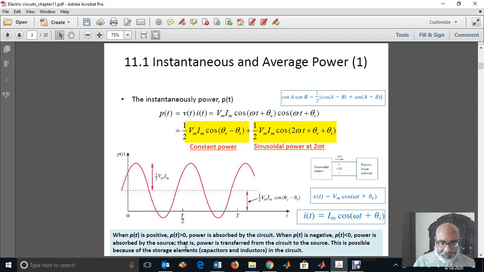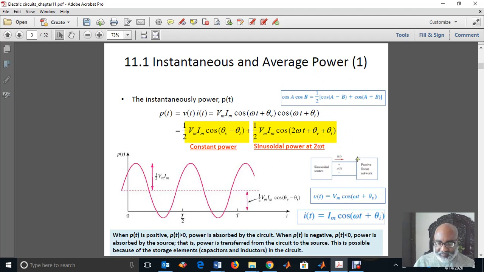When P of t is positive, that is P of t greater than 0, we say power is absorbed by this circuit. And when P of t is negative, power is absorbed by the source. Remember from the first chapter the convention about positive power and negative power.